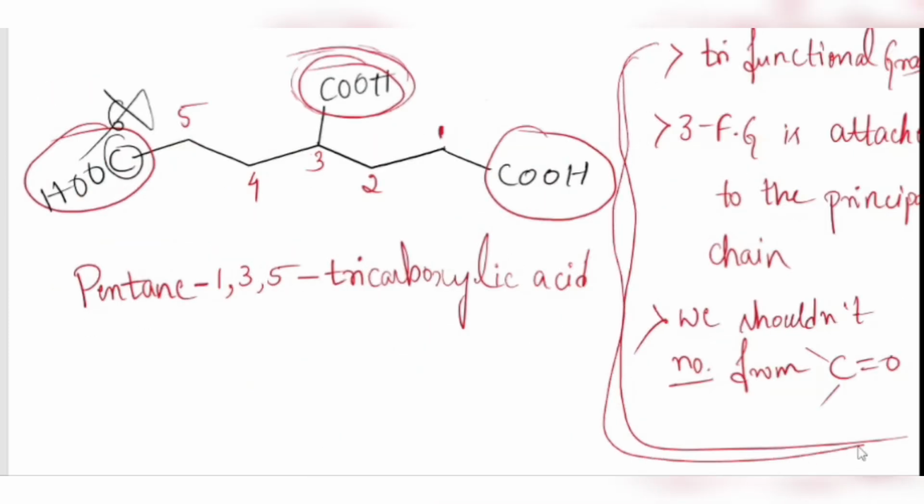The rule has to be followed. What is the rule over here? The three functional groups have to be attached to the same principal chain. Suppose they are not attached to the principal chain, I will take one example over here. Suppose here I have CHO, that is an aldehyde group, and over here also an aldehyde group, with similar functional groups I am talking about. It contains 1, 2, 3, 4, 5, 6, and this one has 7, and over here I will write it as CH2 and then CHO like this.